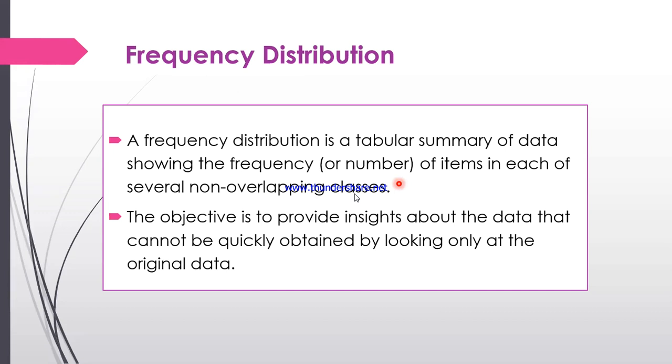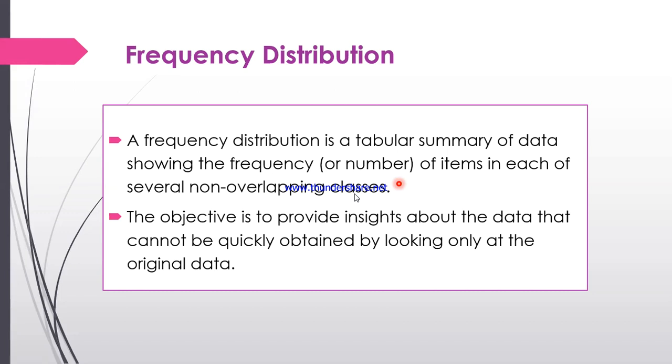In the table, a frequency distribution has 2 or 3 columns. The first column holds the values or non-overlapping categories of the variable.